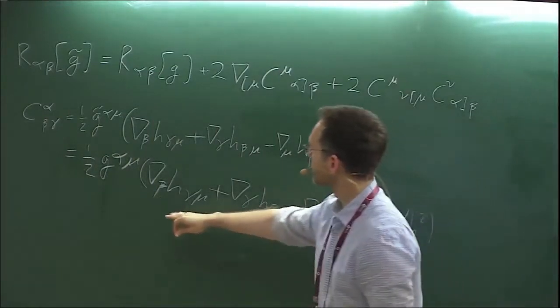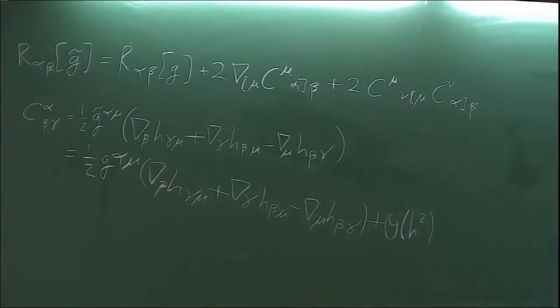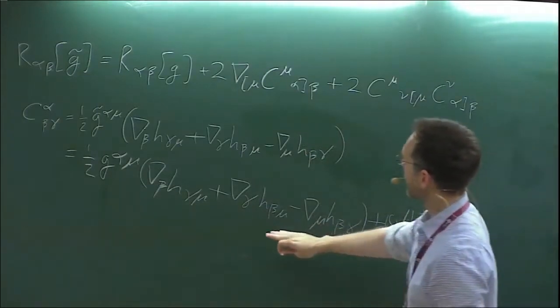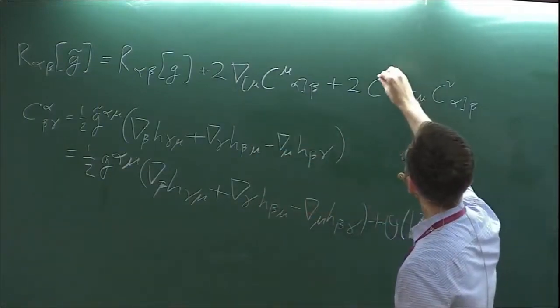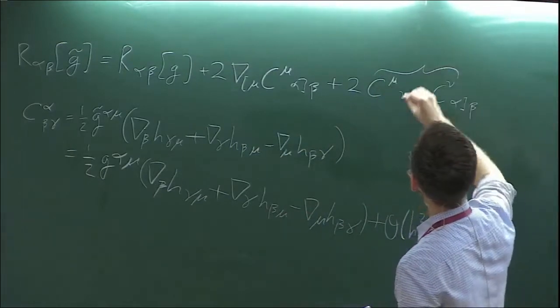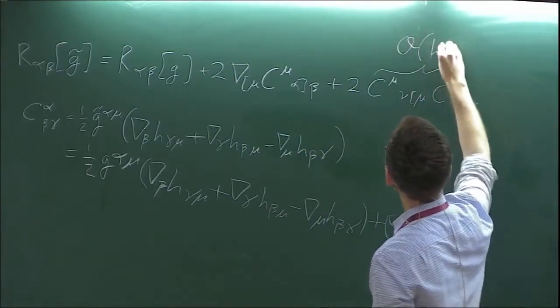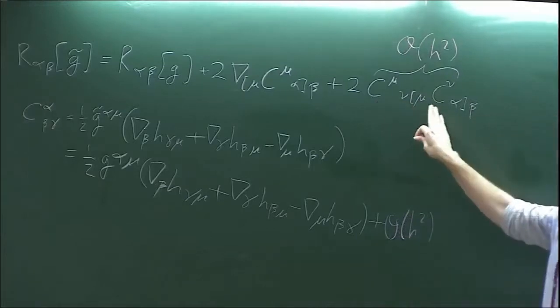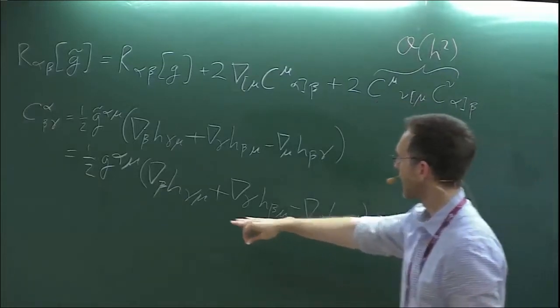So this is the leading approximation for C. If we plug it back in here, we see that this term is order h squared, because each C is at least order h.